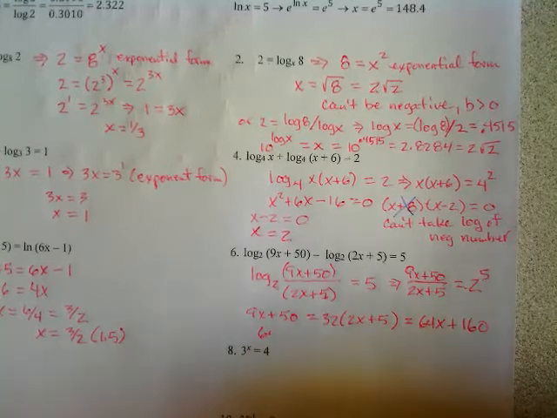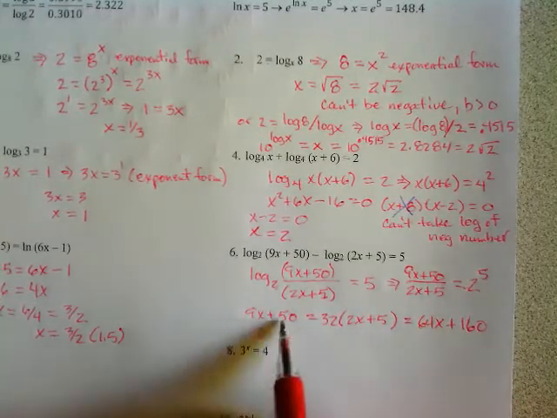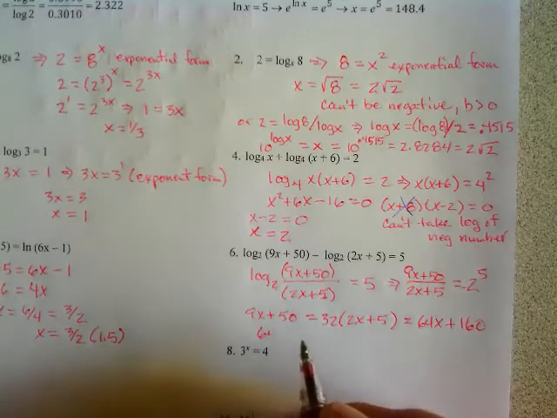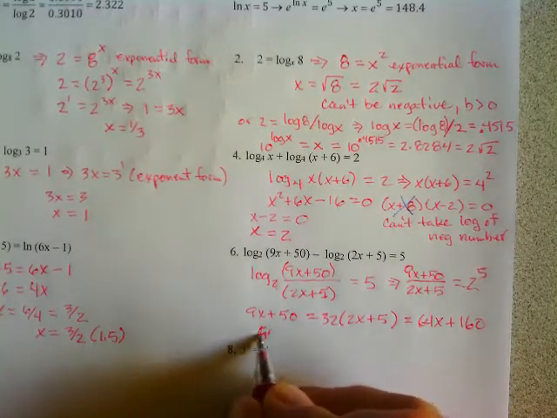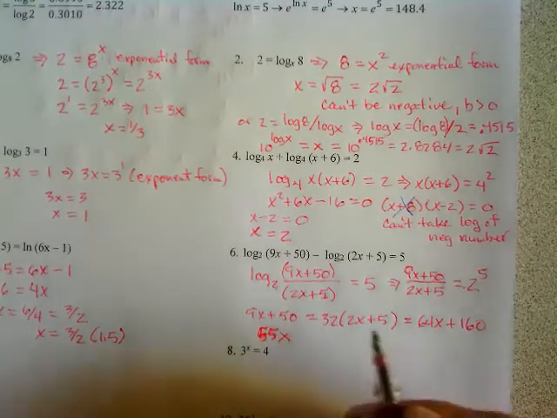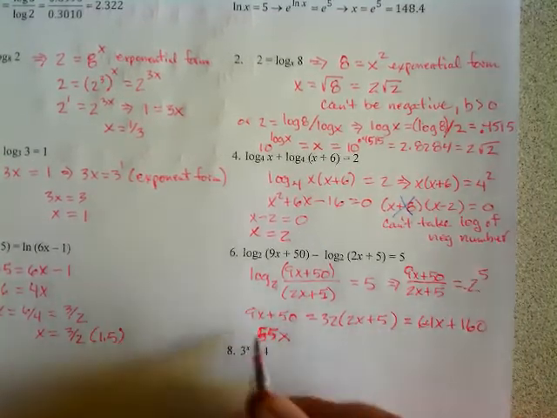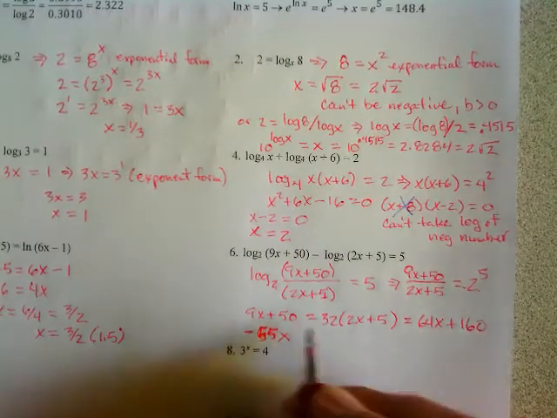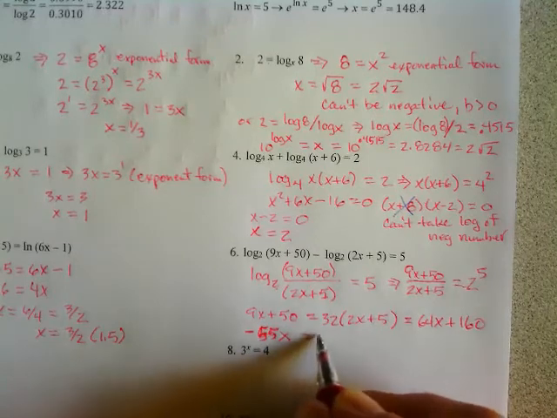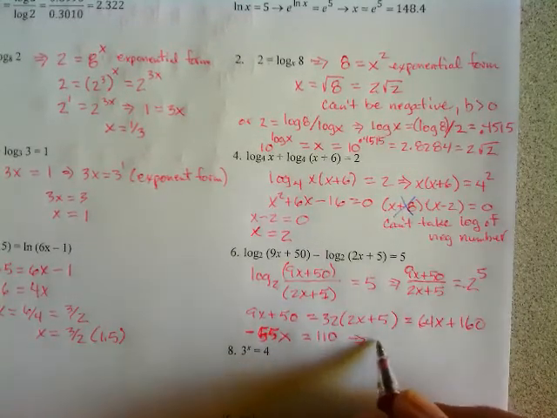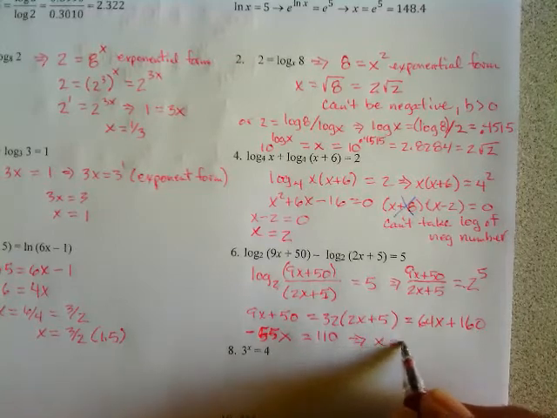And now in simplifying, the 9 and the 64, I'm going to end up with 55x, and actually since I moved it to this side it would be a negative 55x, and then moving the 50 to the other side I have 110, and so that leads to x equals negative 2.